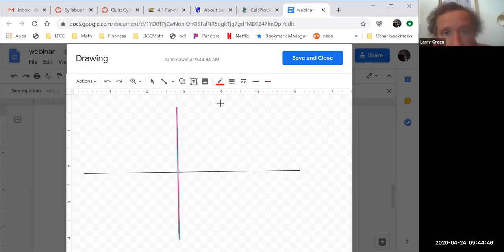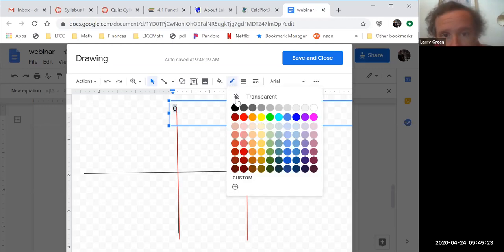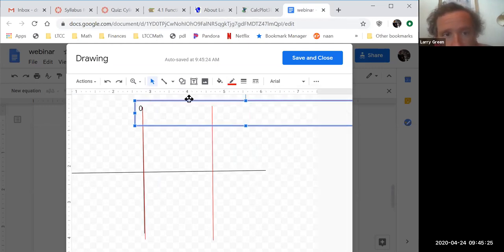And then we had x equals pi. Any questions so far? That's actually one level curve, even though it looks like 2. We should label those, and you just put the number in. I'm going to make it red. Everything should be red here.